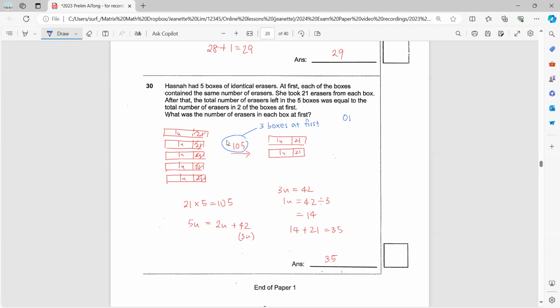So the alternative method is 3 boxes at first is 105. So you just take 105 divide by 3 boxes. You get 35. Okay, so the one in blue actually is a shorter method. All right, with that, that's the end for Tong 2023 prelim paper 1.